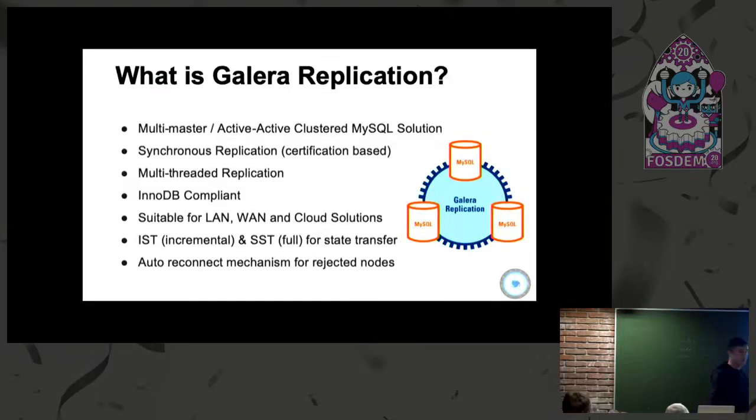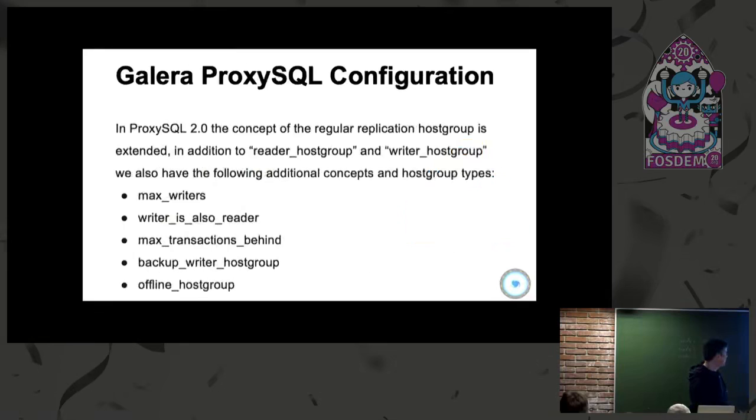Galera replication. I hope everybody is familiar with Galera. Show of hands. Okay. So I will skip the overview of Galera replication and just say it's a very nice technology. It's virtually synchronous. ProxySQL has great support for it. So we've introduced a similar table to the one that we used for group replication, where we can define the concepts we need for the clustered configuration.